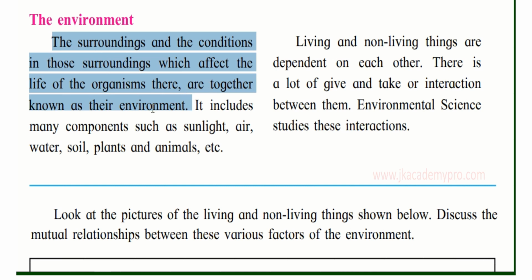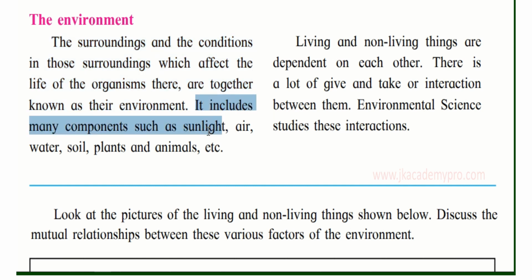Okay, so the surroundings and the conditions of the surroundings together form the environment. And what does it include? It includes many components. Components means things that are there in that environment. It includes all these things such as sunlight, air, water, soil, plants and animals.